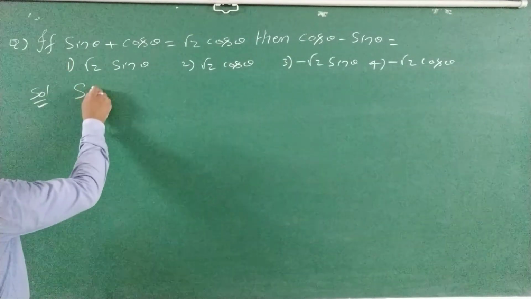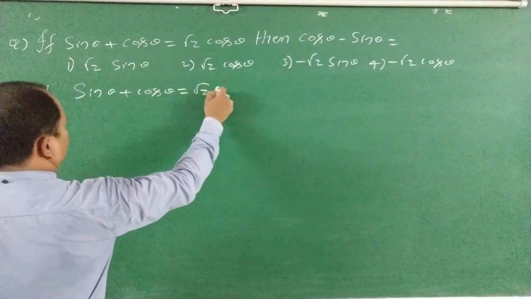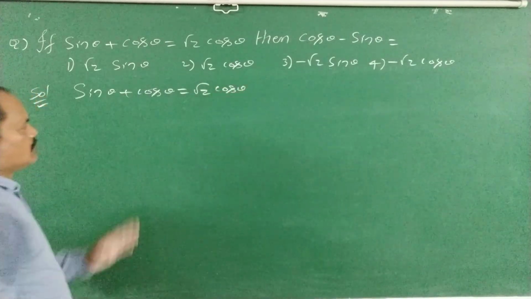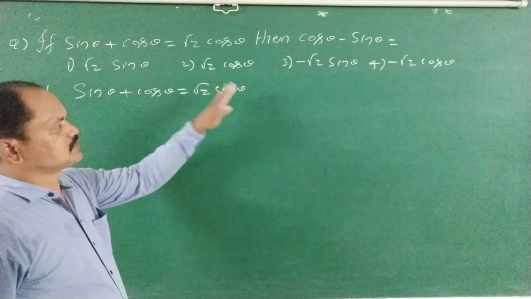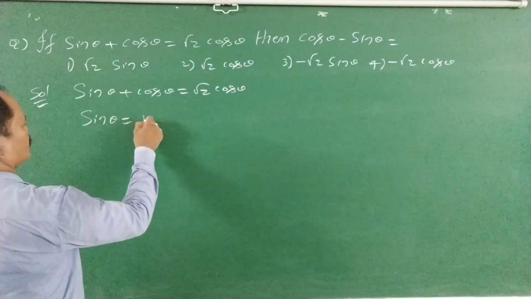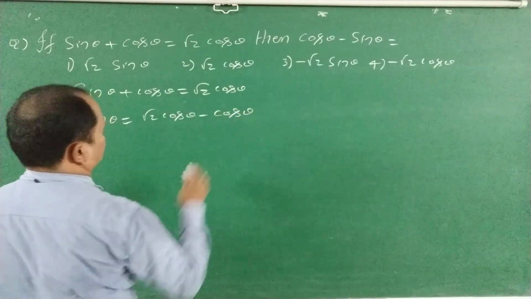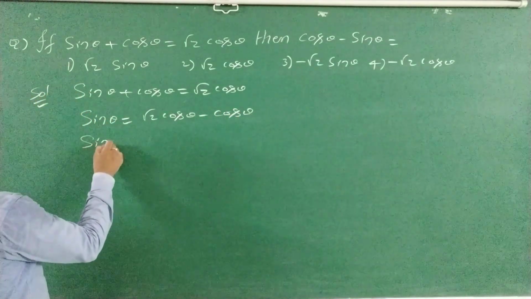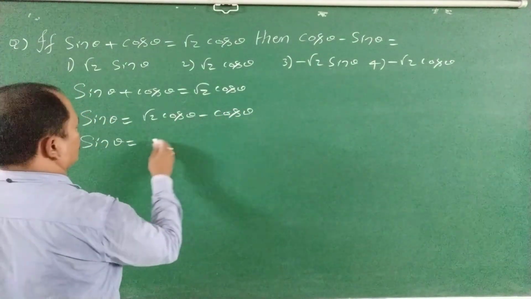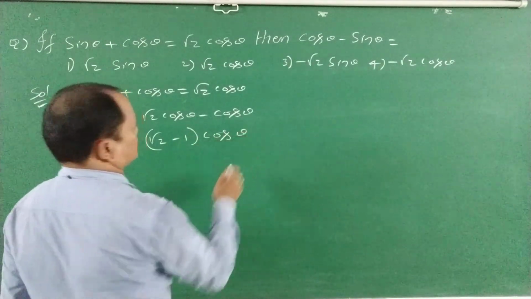Take that sin theta plus cos theta is equal to root 2 cos theta. Now shift this cos theta to that side, then sin theta is equal to root 2 cos theta minus cos theta. Now take cos theta common, then sin theta is equal to root 2 minus 1 into cos theta.